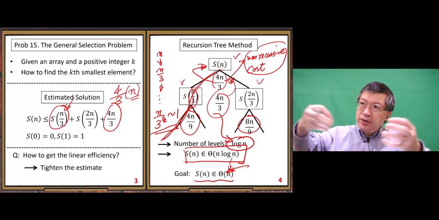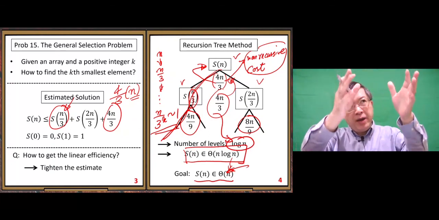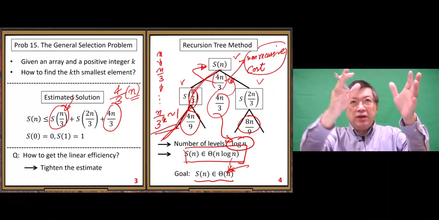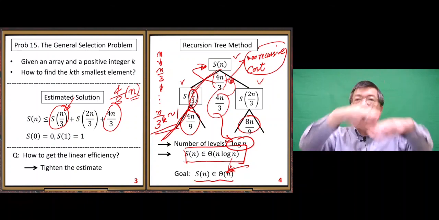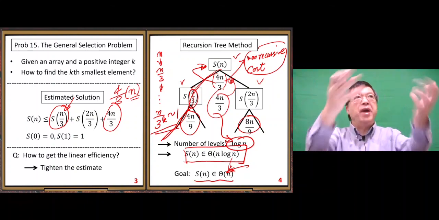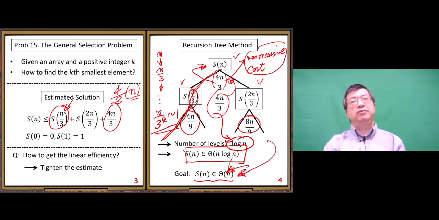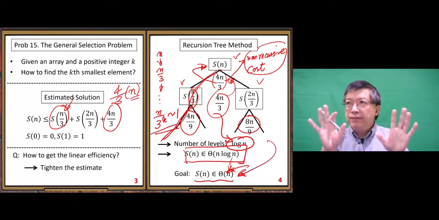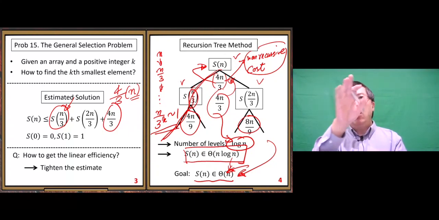If we can tighten it, we can get a better estimate. Each level a little better, then the total cost is also better, and hopefully we get to linear efficiency. That is our plan. We will execute that plan in our last video of this part, E.3.